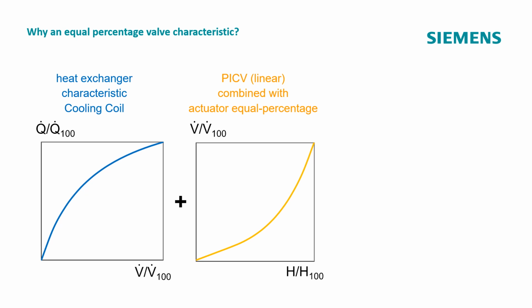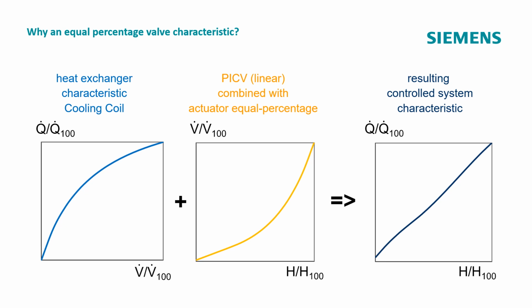With this actuator, the adaptation is achieved by changing the DIL switch. Thus, the combination of cooling coil and equal percentage valve characteristic results in a controlled system characteristic, with a fairly even behavior between valve stroke and transferred power. This provides a solid basis for controlling the cooling coil.